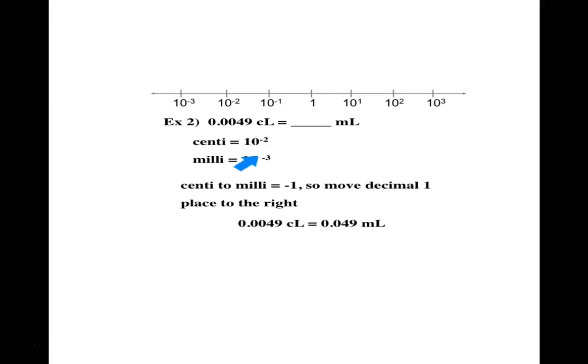But because you're going from centi to milli, which is a larger value to a smaller value, you still need to move that to the right one position, and that 0.0049 cl would then be converted into 0.049 mLs in milliliters.